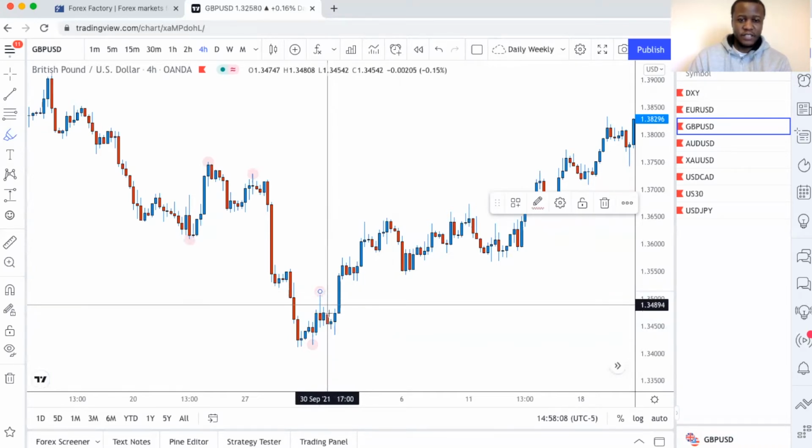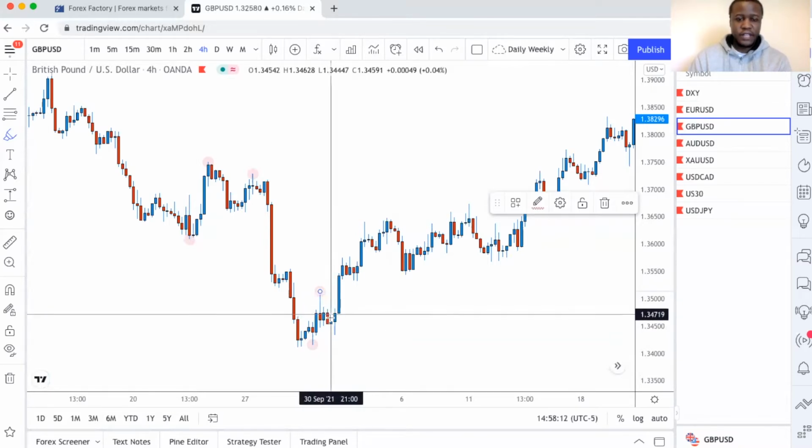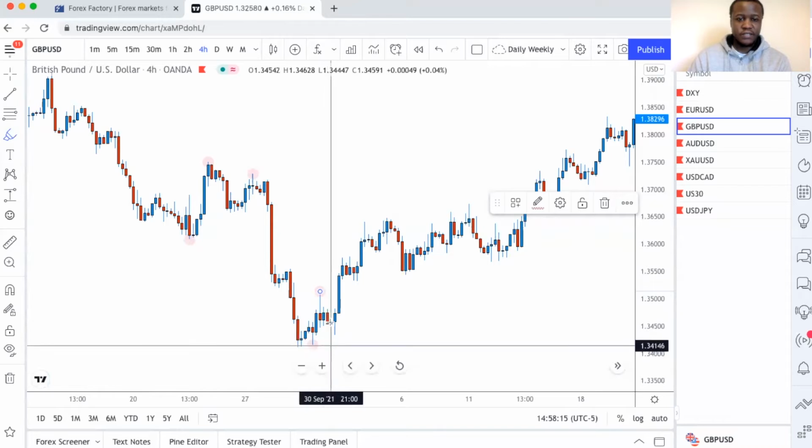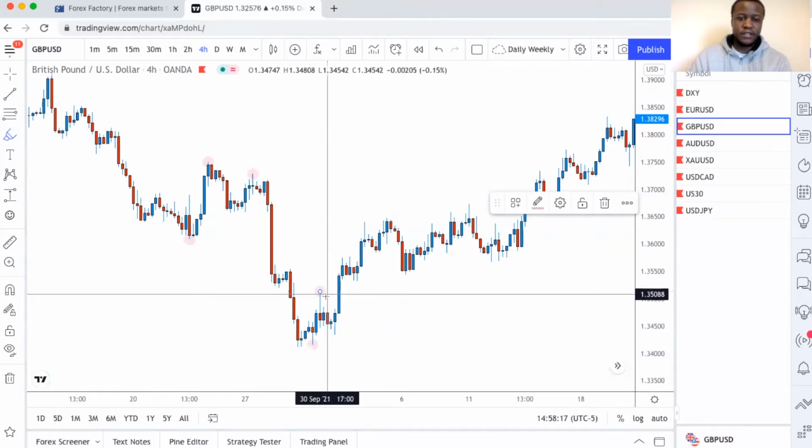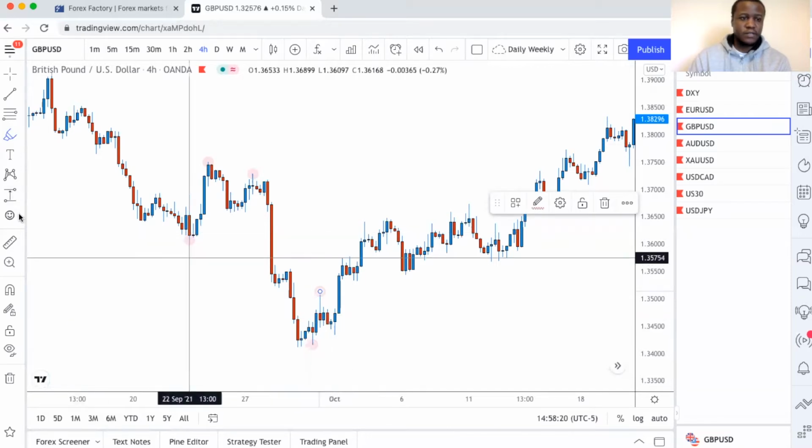But would this make sense right here? Maybe I'll ask you a question. Would this make sense from right here to take out this low and have your stop right here? I mean, just set it up.